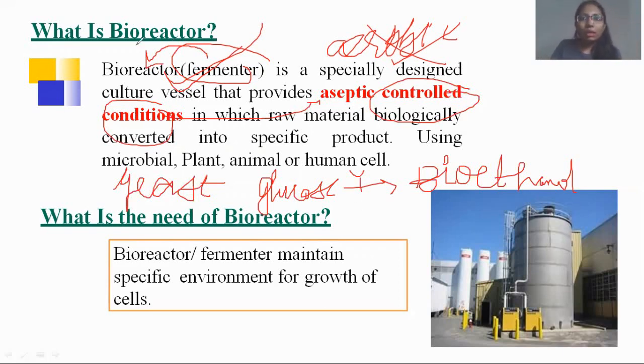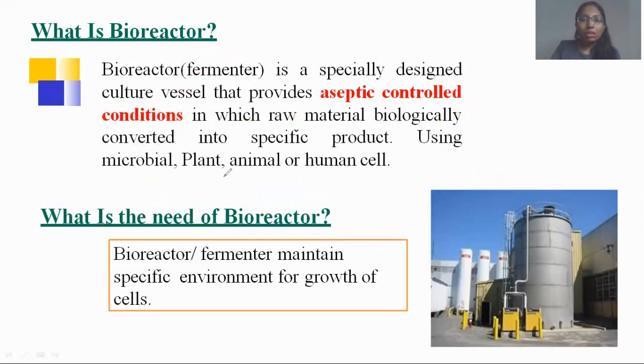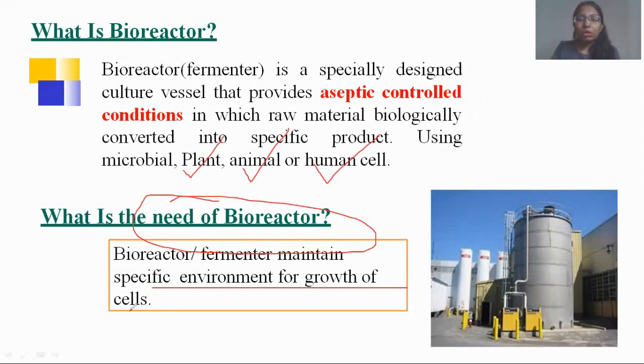And please don't be under the confusion that only microorganisms are used. As we have seen in the example of yeast, you can also use plant cells, animal cells, or human cells for the production of any product. Now, why do you need the bioreactor? As we have seen, it provides a specific environment for the growth of the cell.